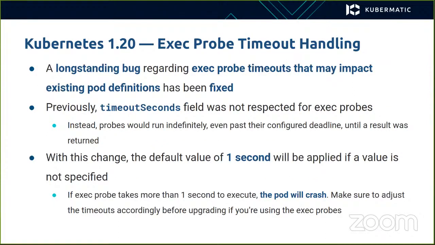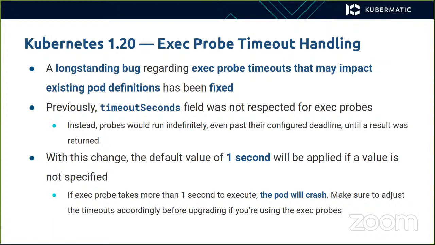Another breaking change for some users is that exec probe timeout handling has been changed to fix a long-standing bug. The bug was that exec probe timeouts were not really effective. Previously, the timeoutSeconds field was not respected at all. Instead, all probes would run indefinitely, even past their configured deadline, until a result was returned.